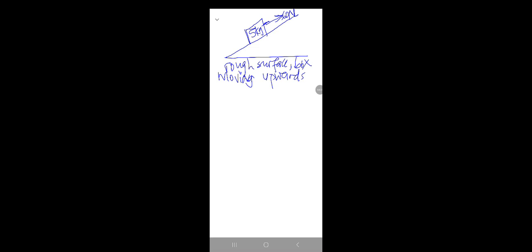Yeah, I'm specific about this, guys, because you must know that since it's a rough surface, when you are considering our friction, we need to consider the direction of the motion. So let's do the same thing.